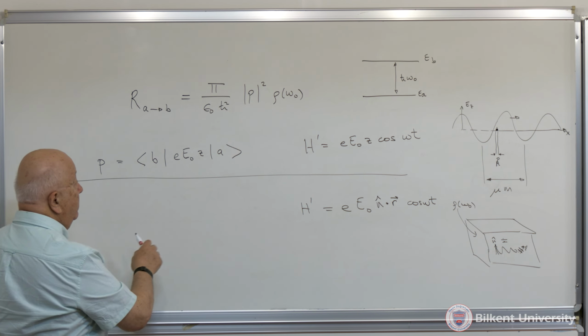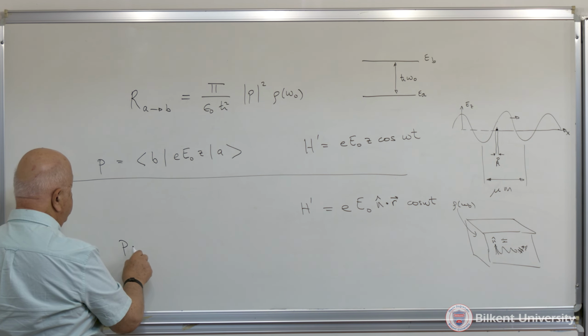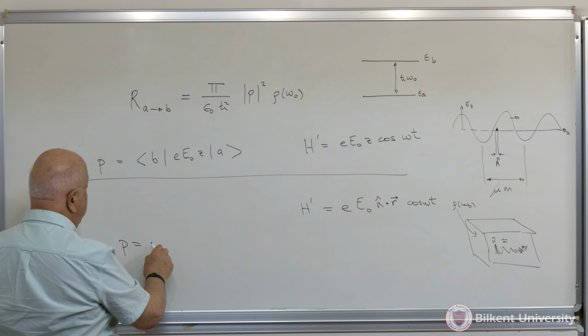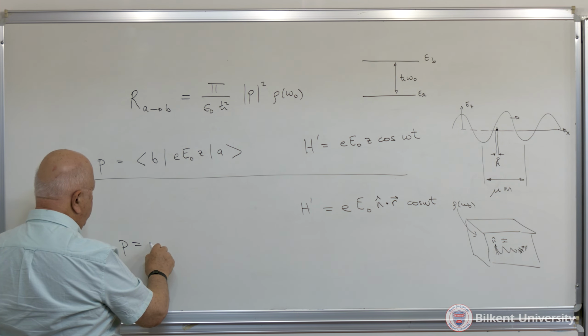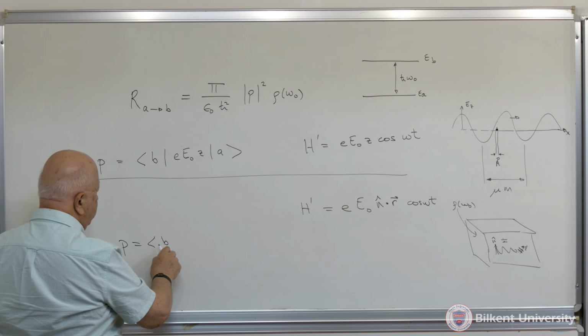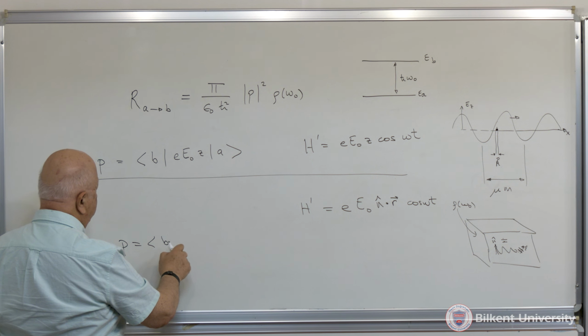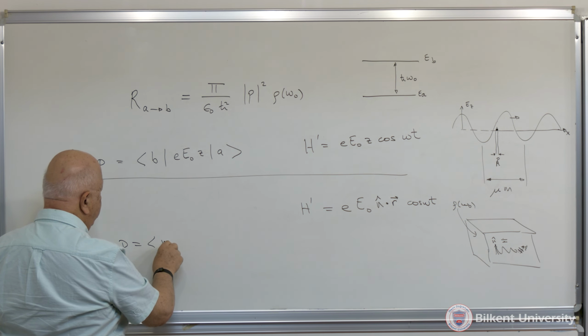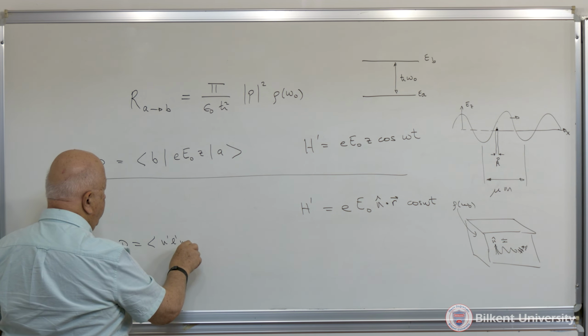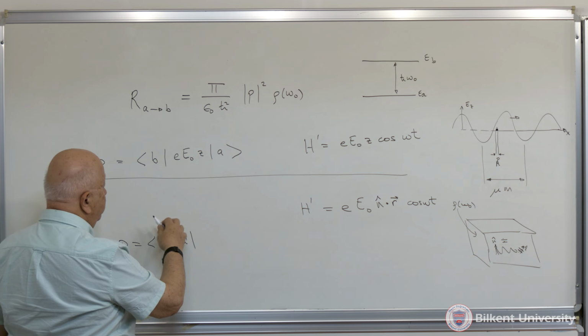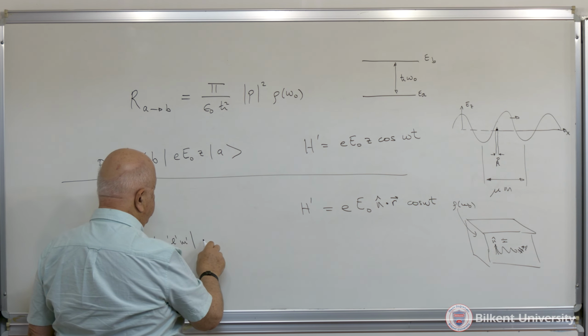So our P now becomes this quantity where I have these states, which are now hydrogenic states, n, l, m, maybe I should put that down explicitly, n prime, l prime, m prime, and the transition is between these.